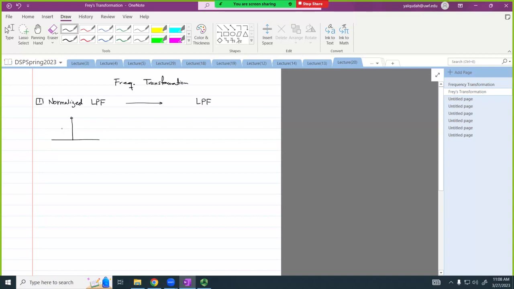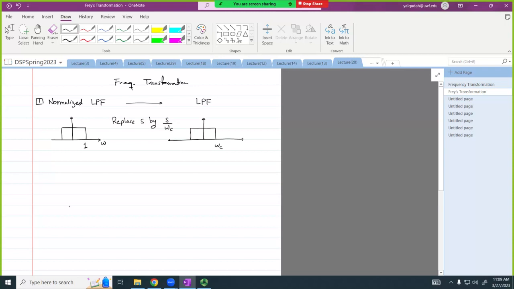Plug in for S. Yes, we replace S with S over omega C. So if I have a normalized filter that looks something like this, and I want to convert it to a low-pass filter that has a certain cutoff frequency, all I have to do is replace S with S over omega C. Makes sense?